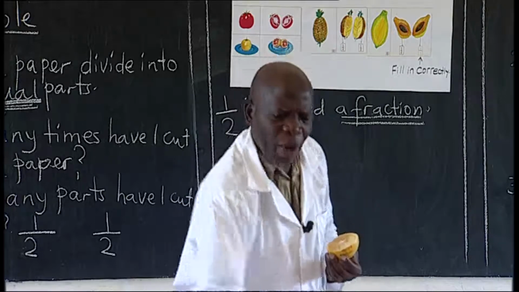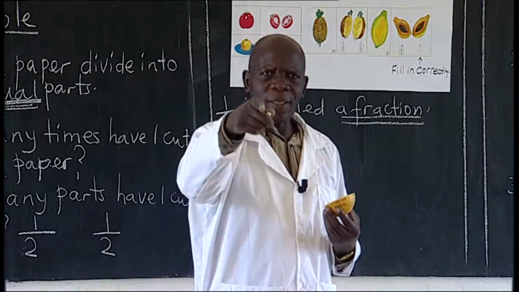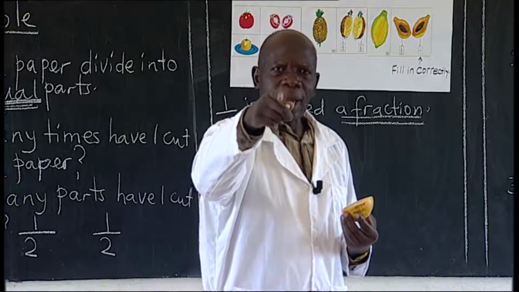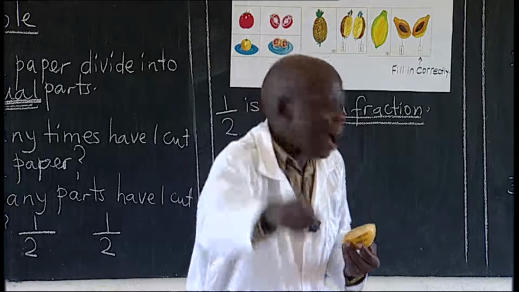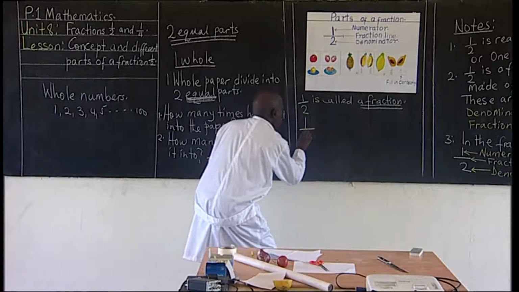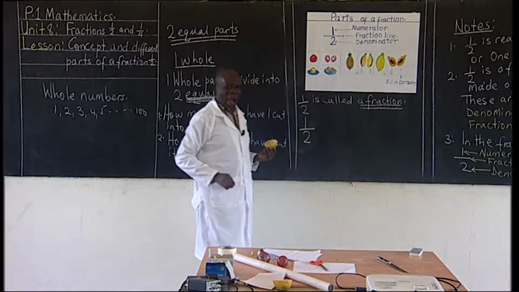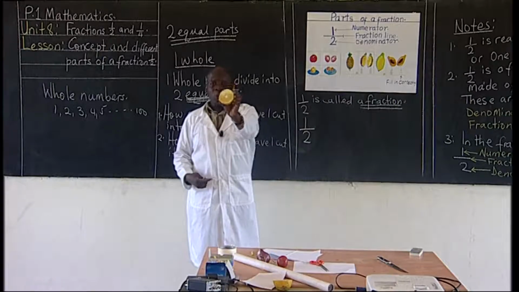But which part have I given you? Can you tell us? It is a half. Beautiful. I've given you 1 out of 2 parts. And I've also taken 1 out of 2 parts.